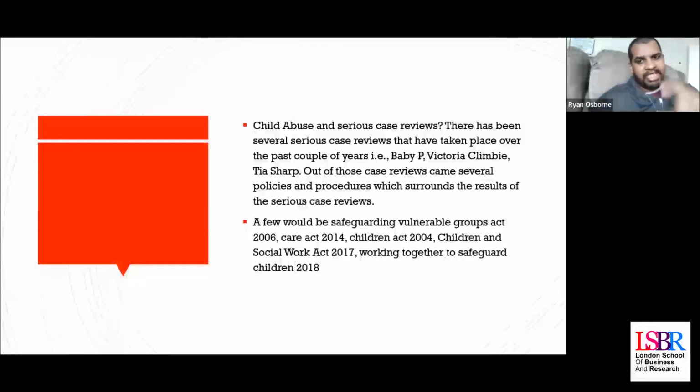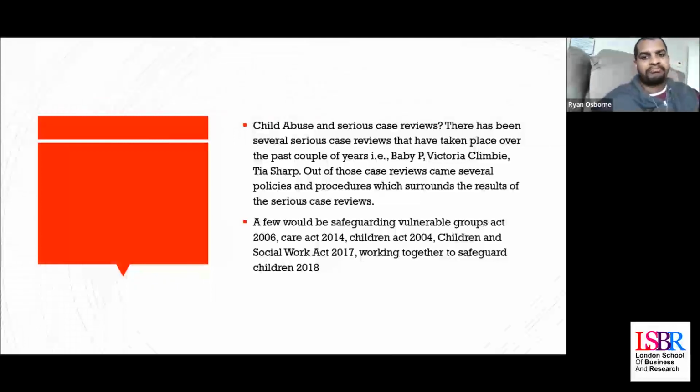A serious case review is when an independent official looks at everything that contributed to a person's death, or if they came to harm, and looks at the failures of the system and why it actually happened. As we said, we see Baby P, Victoria Climbié, Tia Sharp, and Charlie, the lad from Birmingham as well.